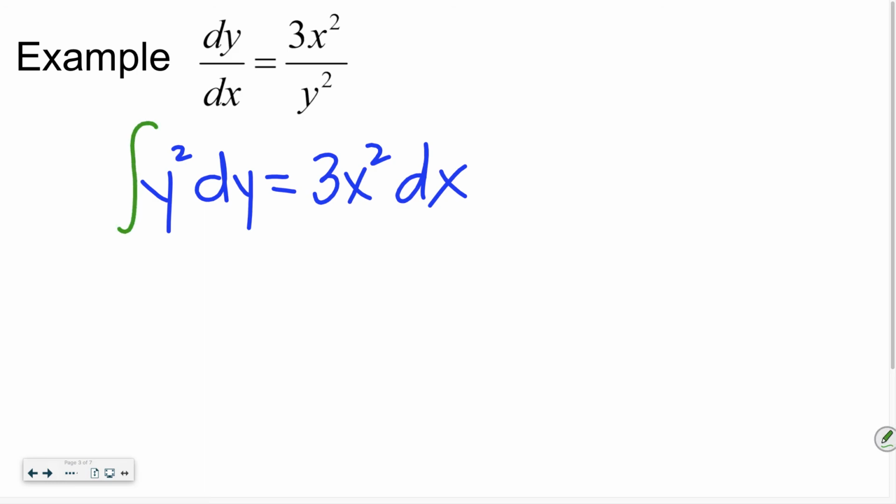Now, we're going to integrate both sides. Antiderivative for y squared. And antiderivative for 3x squared.